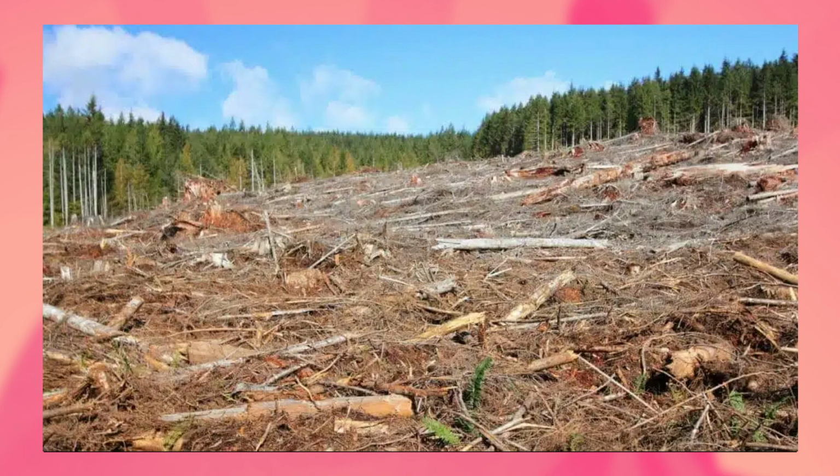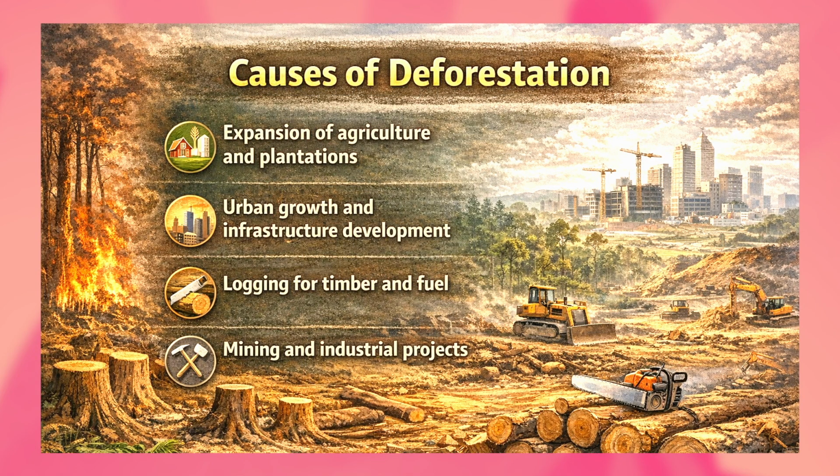Deforestation also contributes to climate change by reducing the Earth's capacity to absorb carbon dioxide, disturbing water cycles, and increasing soil erosion. Now the causes: expansion of agriculture and plantations, urban growth and infrastructure development, logging of timber and fuel, mining and industrial projects.